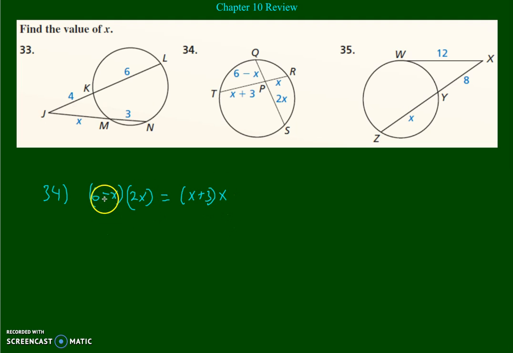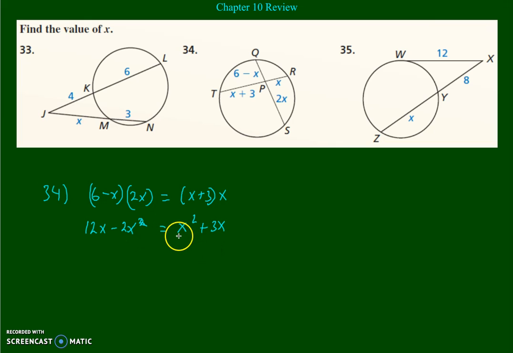Multiplying this through, 2x times 6 is 12x. Negative x times 2x is negative 2x squared. And that equals x times x, which is x squared, plus x times 3, which is 3x.